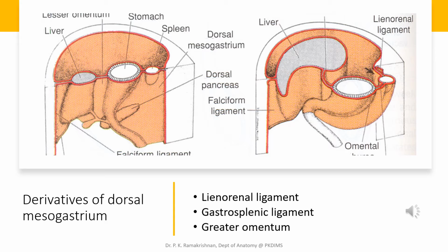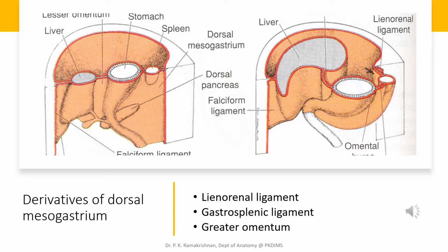As the rotation of the stomach continues in the 5th week of development, the primordium of the spleen appears as a mesodermal proliferation or thickening between the two layers of the dorsal mesogastrium.